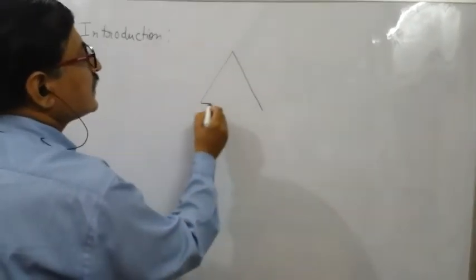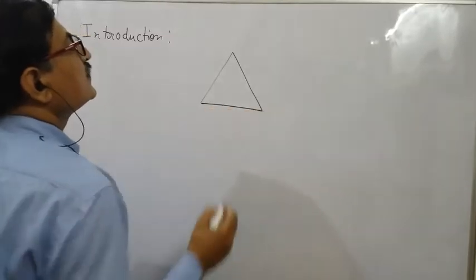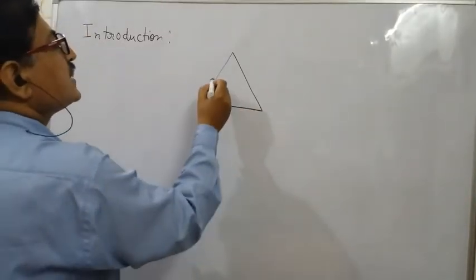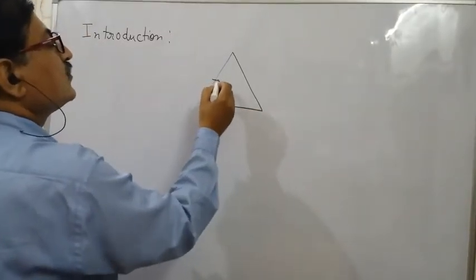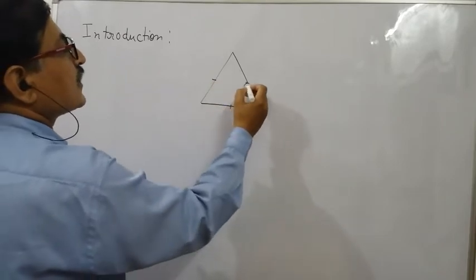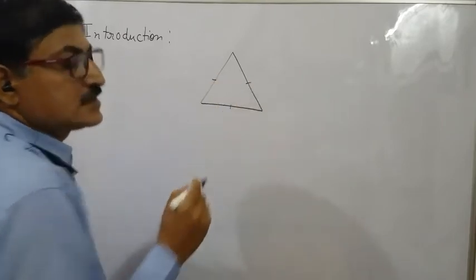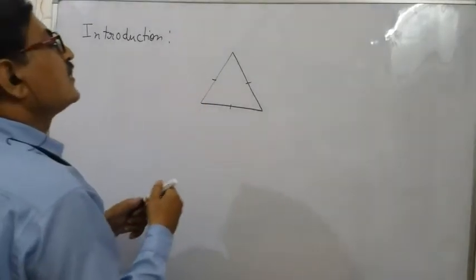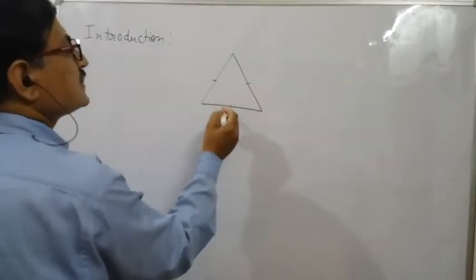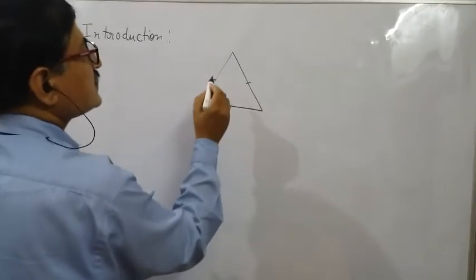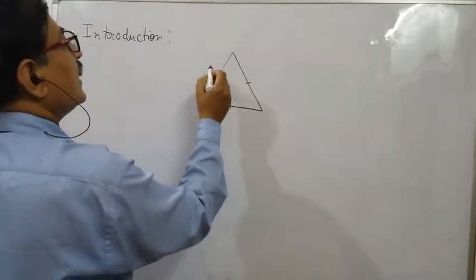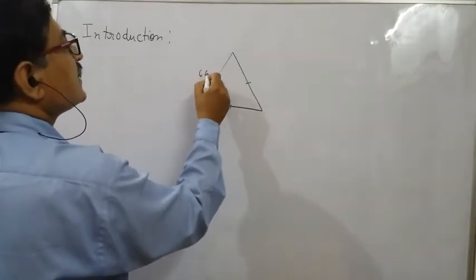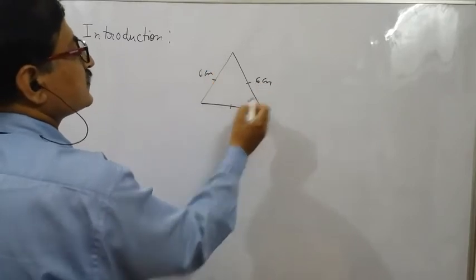A scalene triangle is that triangle in which the sides are unequal, means any two sides are not equal to each other. Suppose this sign is representing the same sides. Here first you will understand the equilateral triangle. I have done this sign. This sign means what? These angles are same, these sides are same, and suppose the sides are 6 centimeter, 6 centimeter and 6 centimeter.